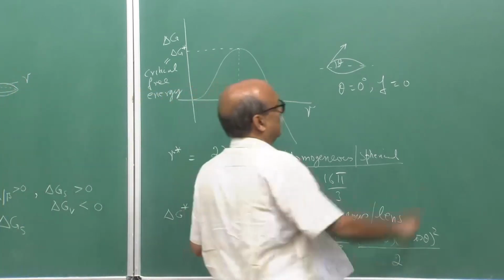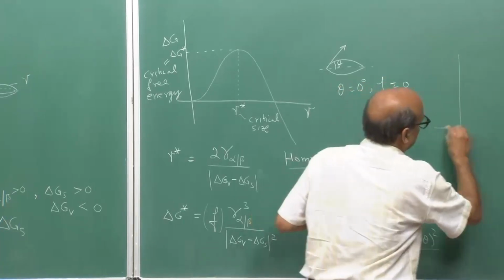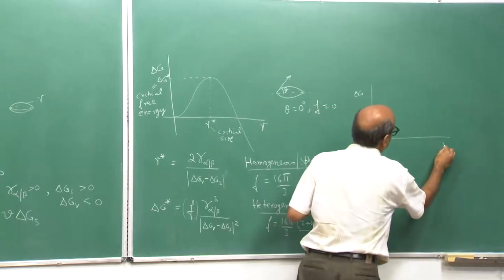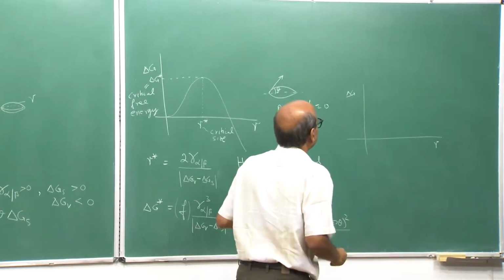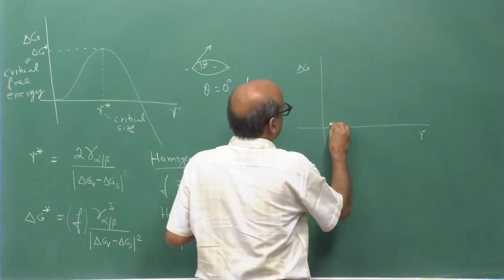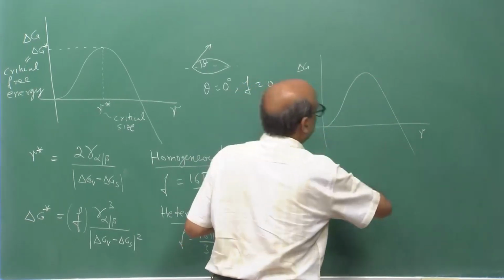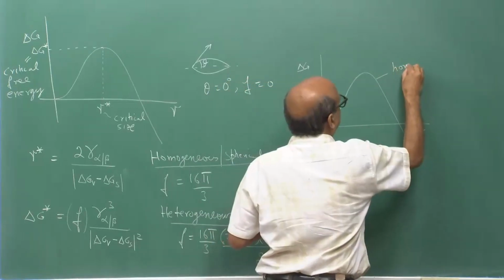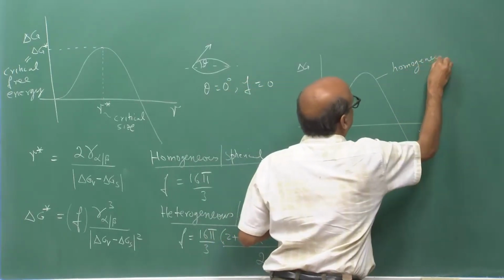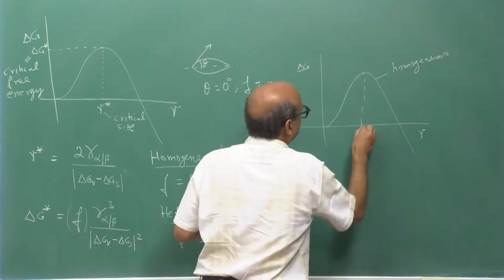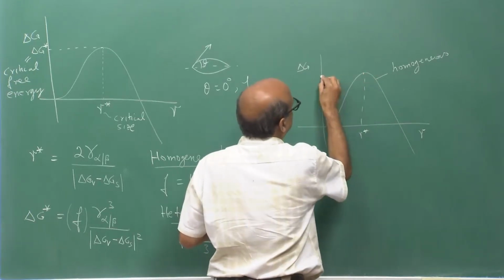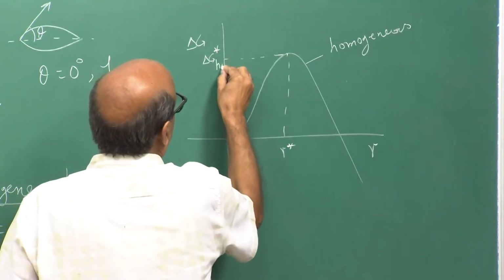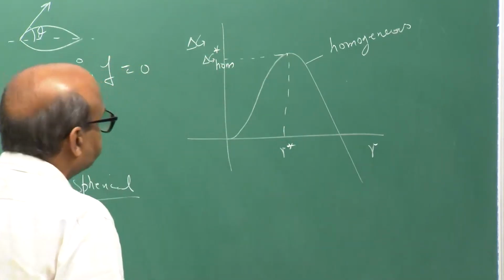If we were to compare the barrier to nucleation versus size of the nucleus, if this represents the homogeneous nucleation case, then the barrier to nucleation is delta G star homogeneous.